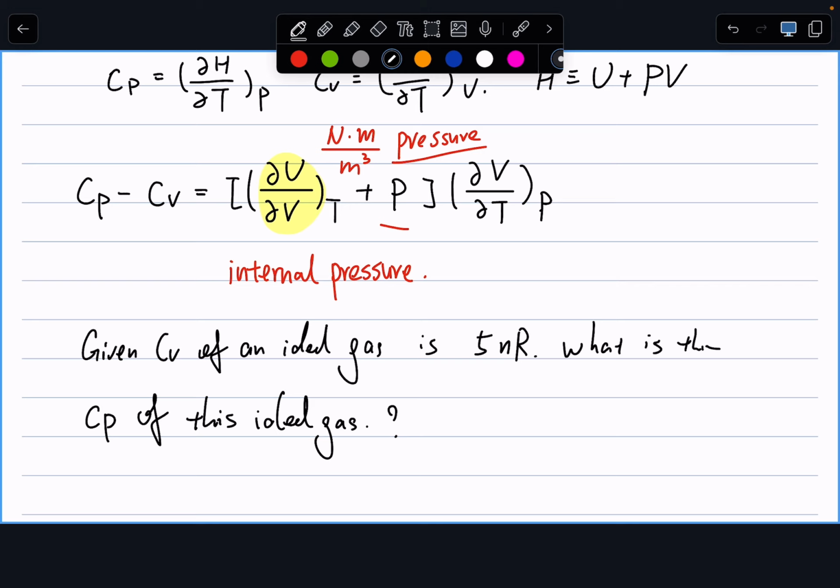Or plug it back into the relationship we got: knowing the Cv of the ideal gas is 5nR, the Cp of that ideal gas must be 6nR. So variations of this kind of problem might be, now we give you a different internal pressure and a different equation of state. Can you solve for the difference between Cv and Cp?